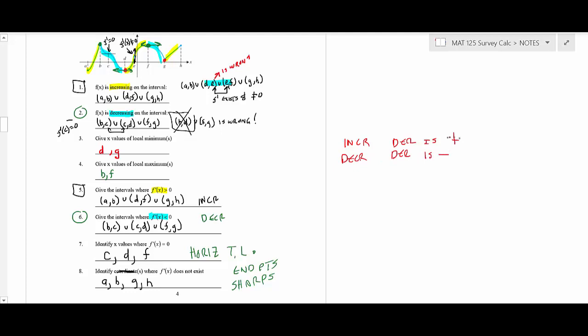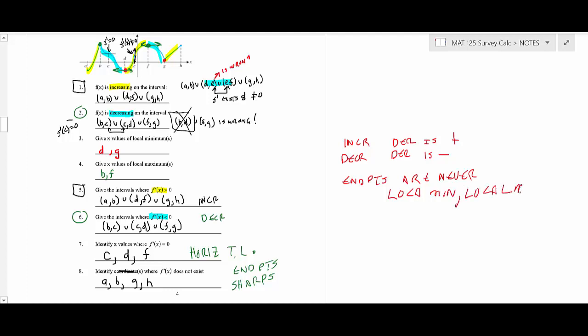So this should not include places where the derivative is undefined or 0. If you get that definition real clear in your mind, then you'll be okay. And remember that endpoints are never considered a local min or a local max.